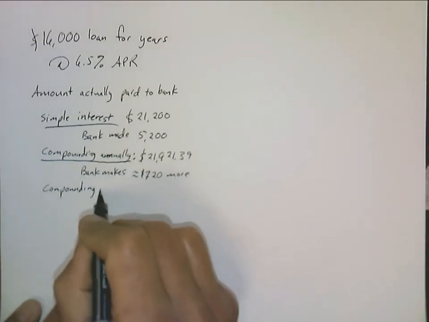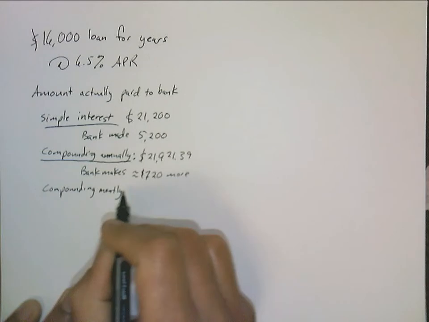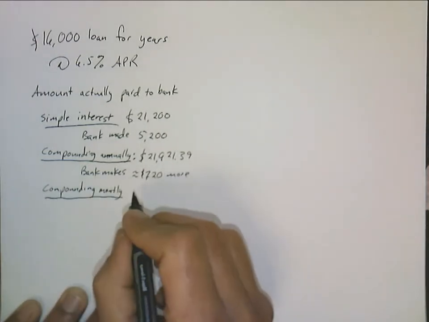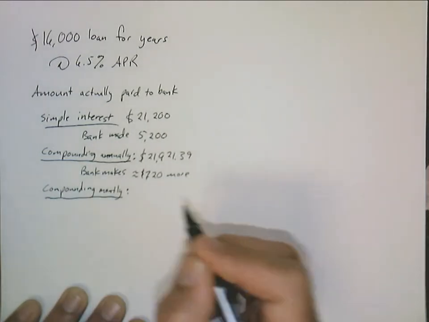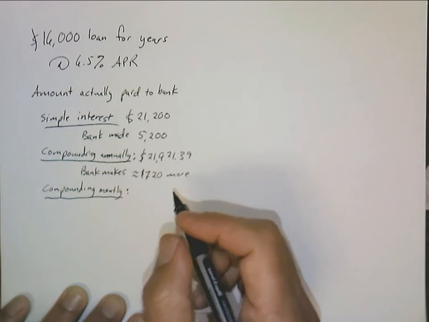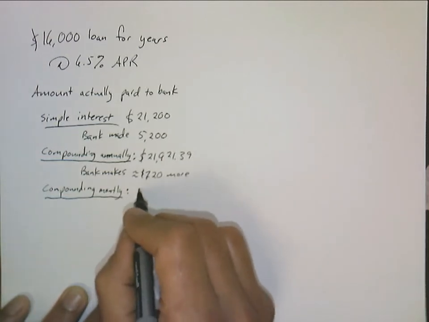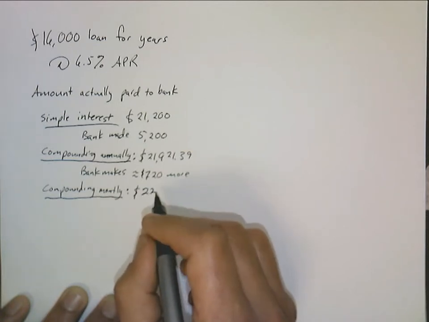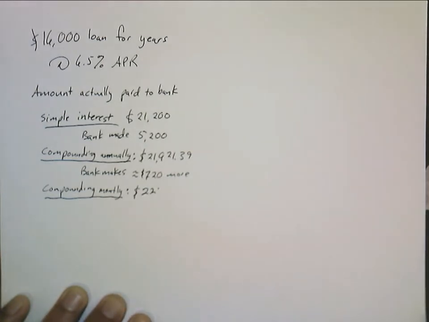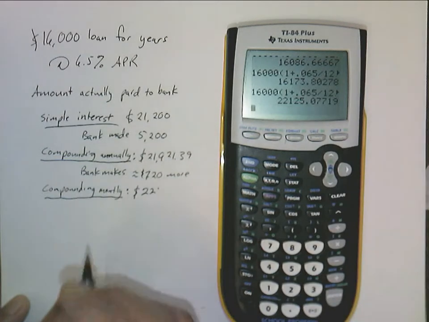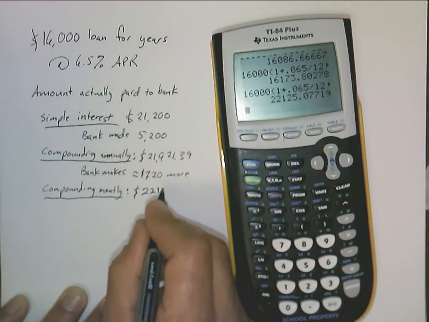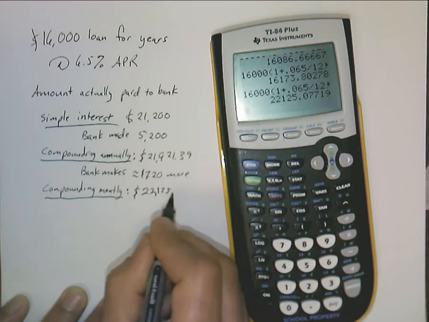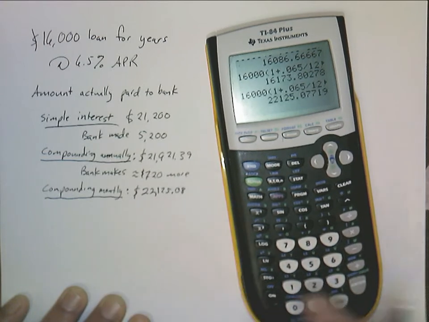Compounding monthly, that ended up being, I believe it was 22,100. Let's go back. What was that again? Yeah, $22,125.08. Okay.